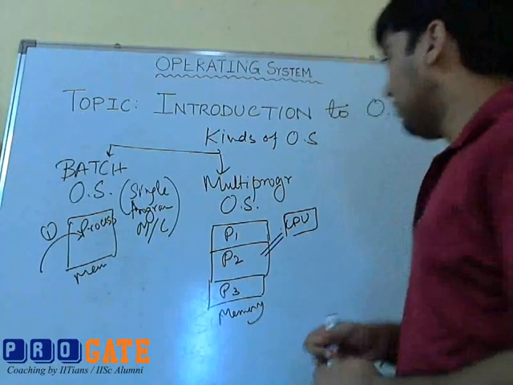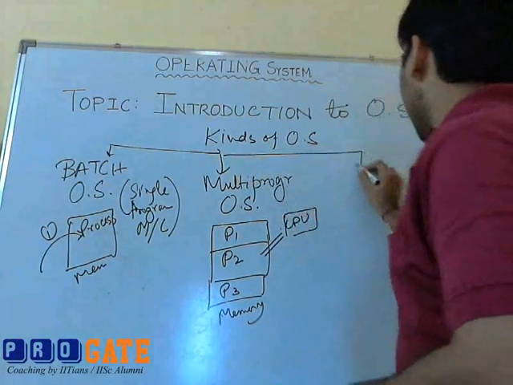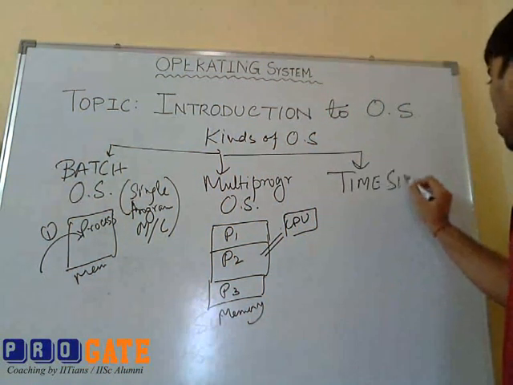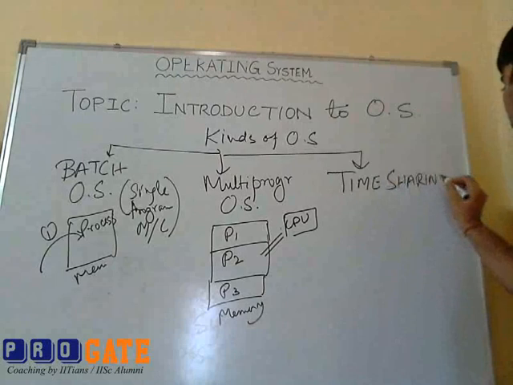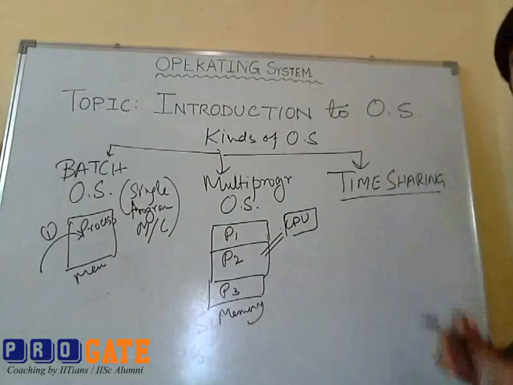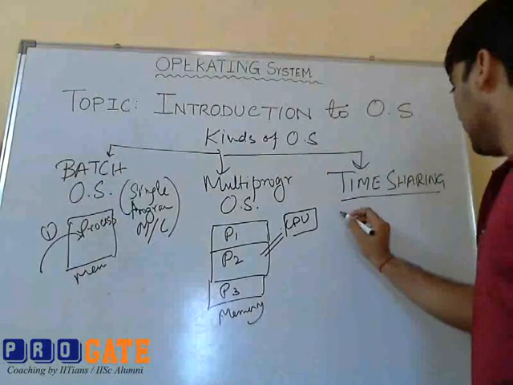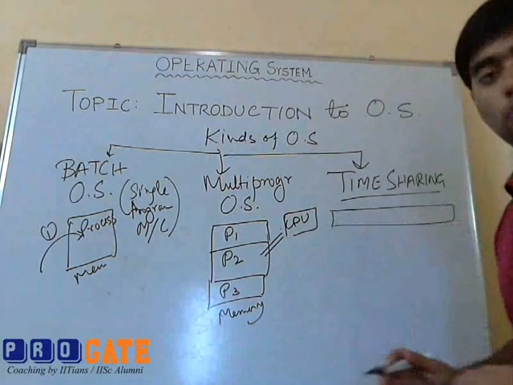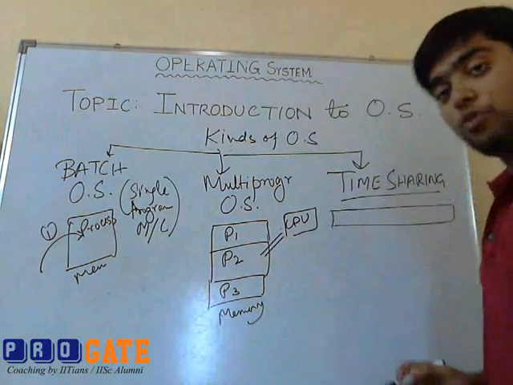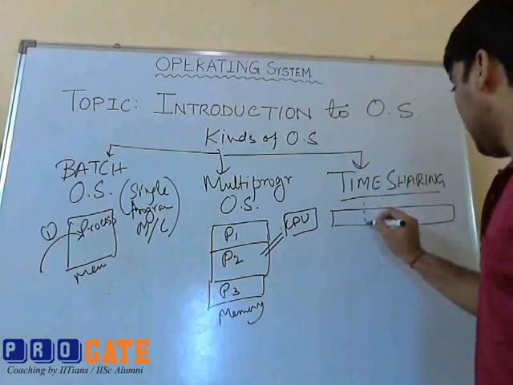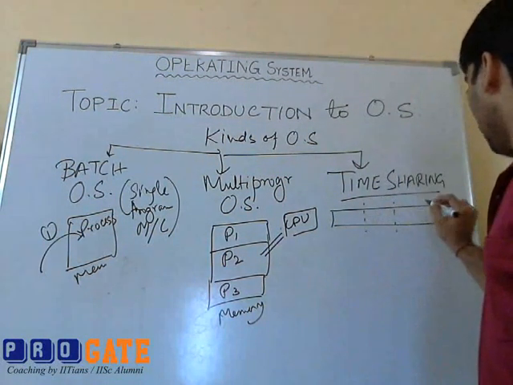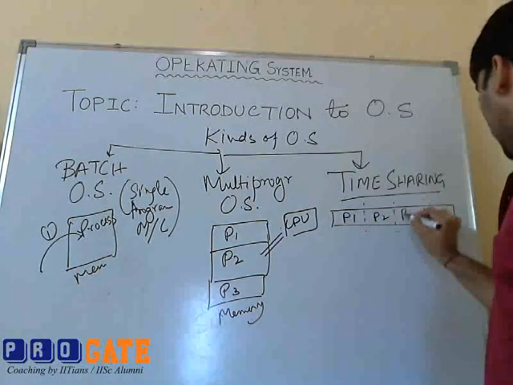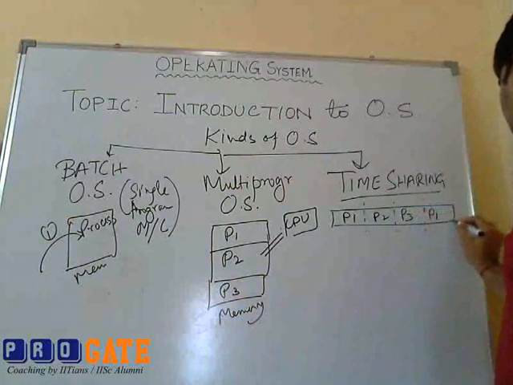To solve this problem, the third type of OS that has been created is known as a time-sharing OS. In a time-sharing OS, the length of the time for which the CPU is executing processes is divided among the different processes: P1, P2, P3, then again P1, and so on.